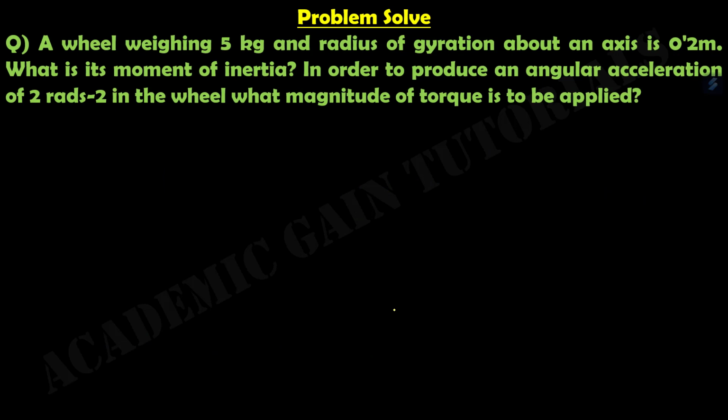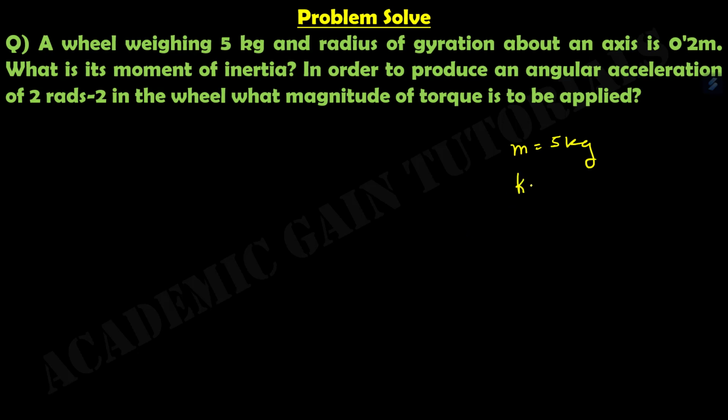This is a wheel weighing 5 kg and radius of gyration about an axis of 0.2 meter. So the mass of our wheel is 5 kg and the radius of gyration is 0.2 meter.